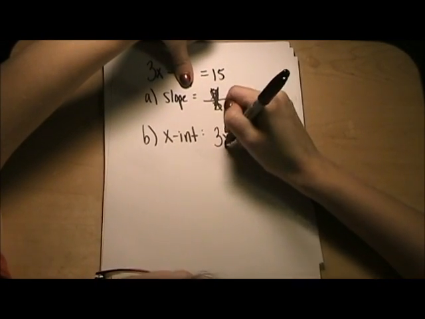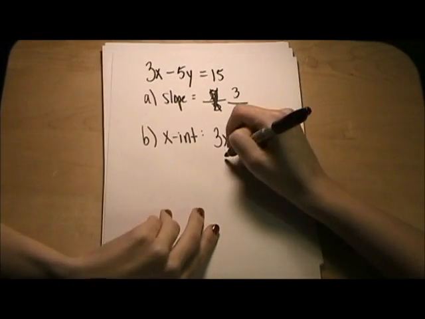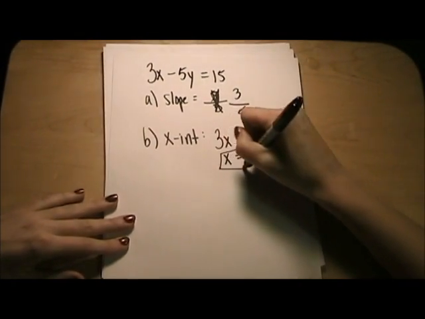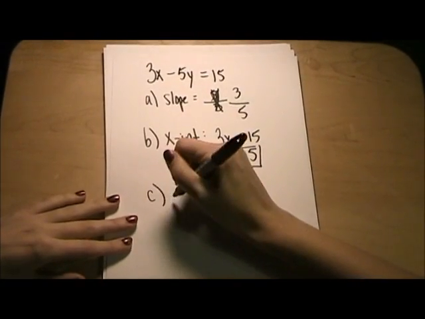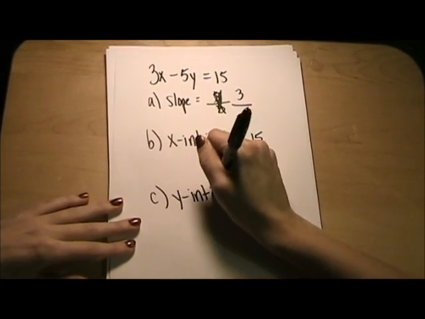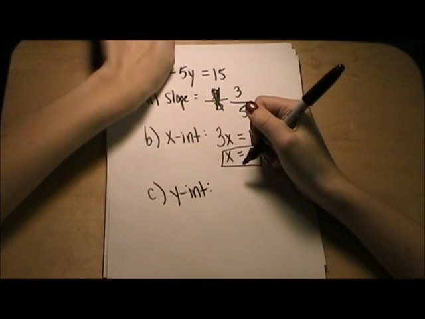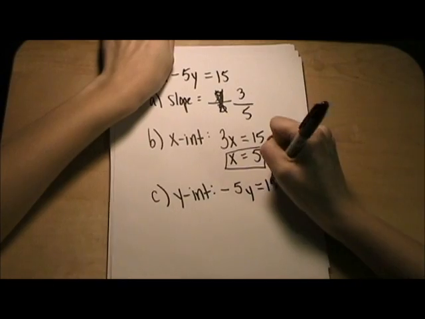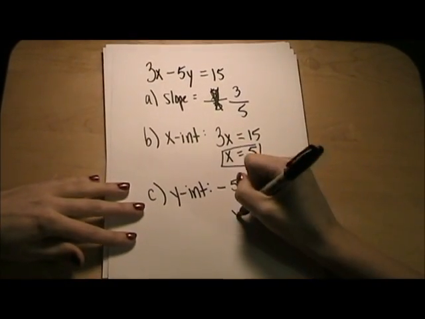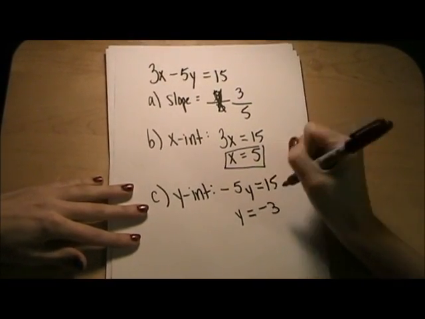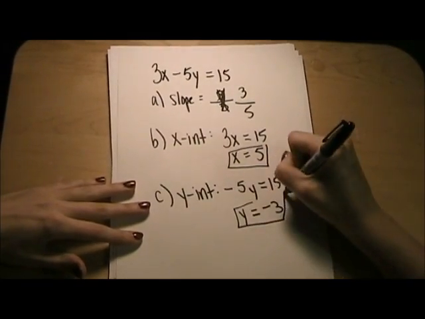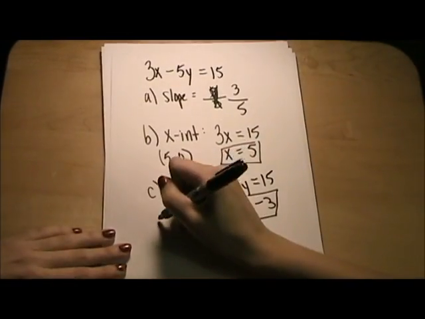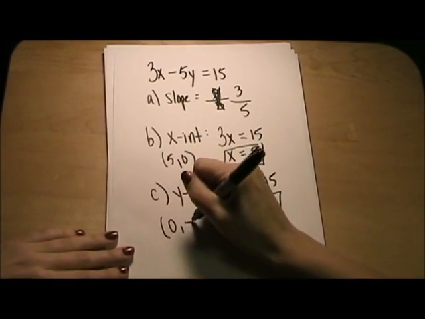So we have 3x equals 15, so x equals 5. If I ask you for the y-intercept, this becomes 0, and we have negative 5y equals 15. Solve for that, we get y equals negative 3. So our x-intercept, 5 comma 0. Our y-intercept, 0 comma negative 3.